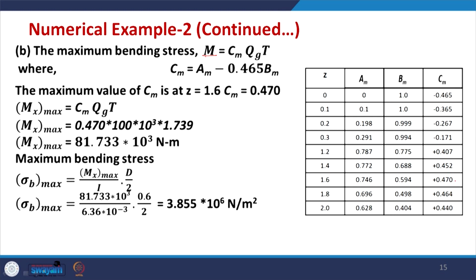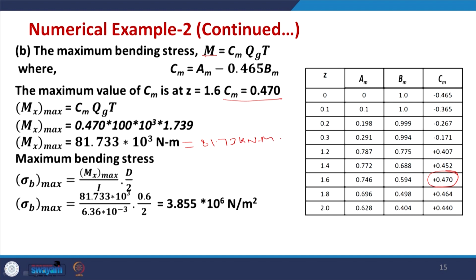So the maximum value is coming here, which occurs at z equal to 1.6. This value of Cm is used in the calculation. Using this value of Cm and putting the values of Qg and T, you get the maximum bending moment equal to 81.733, so roughly 81.73 kilonewton meter.